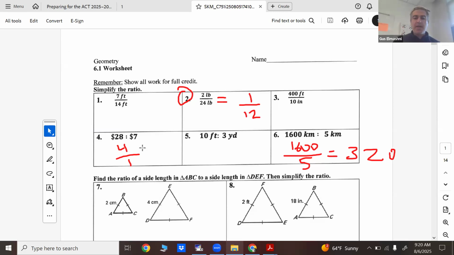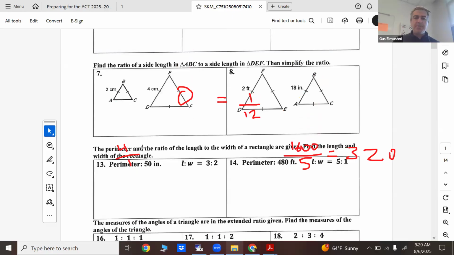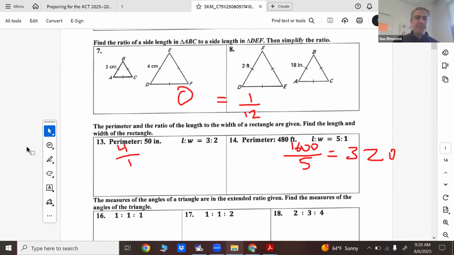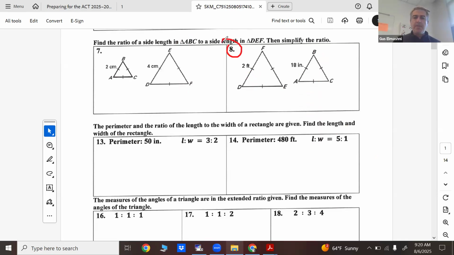Actually, speaking of which, let's look at number 8. Now, these are both equilateral triangles, so they're in the same proportion. You have 2 feet to 18 inches. How many inches is 2 feet? 24, good. So you have 24 over 18.